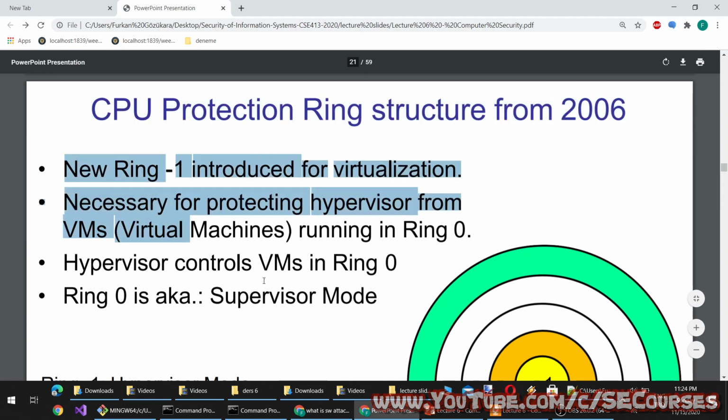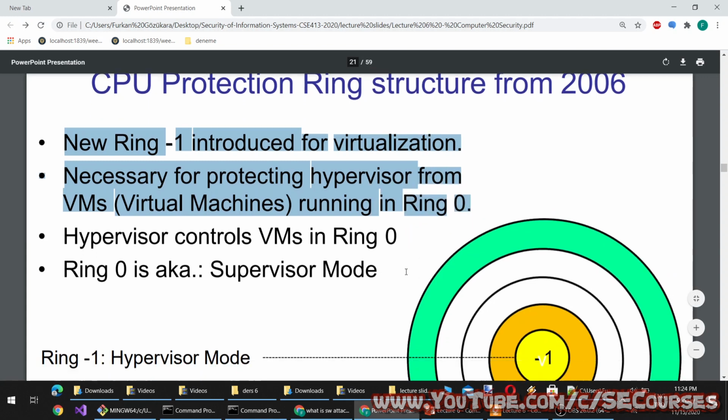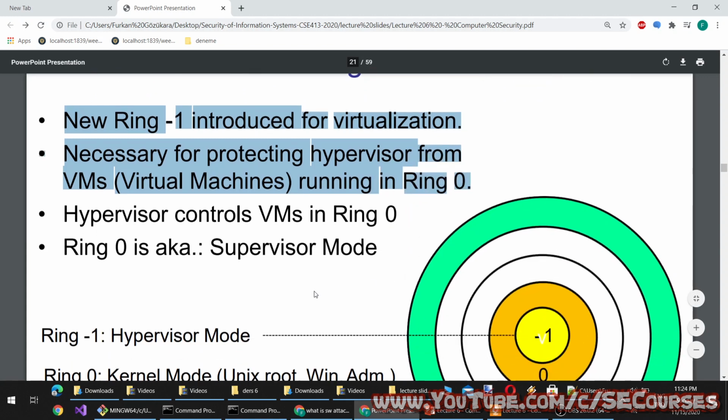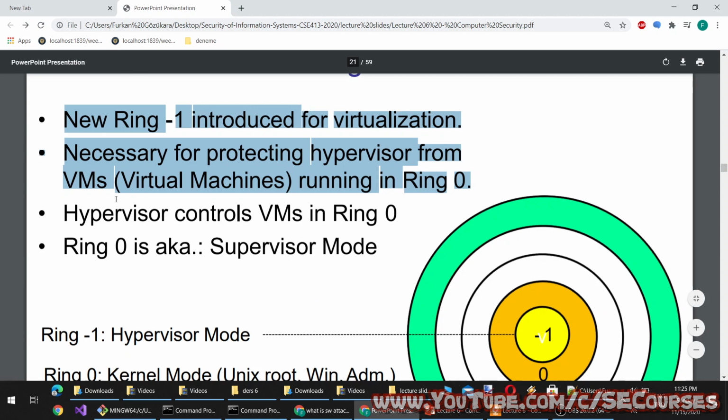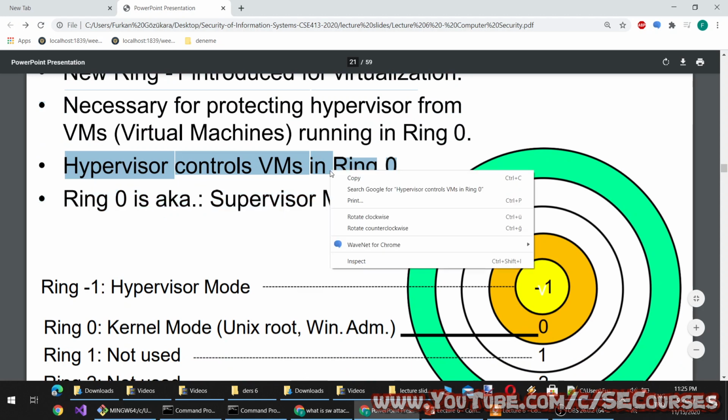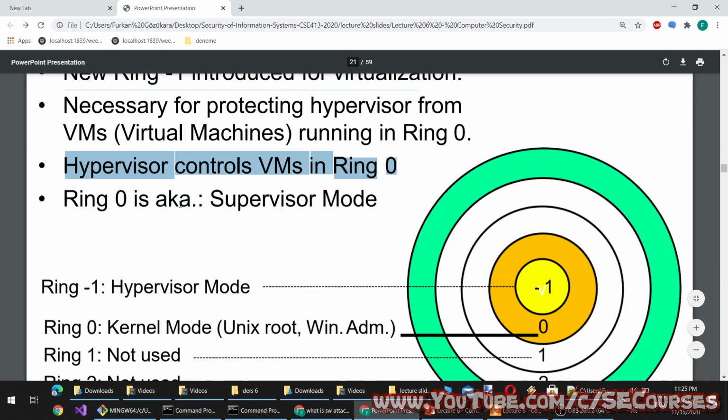CPU protection ring structure from 2006. New ring -1 introduced for virtualization. Necessary for protecting hypervisor from VMs, virtual machines, running in ring 0. Hypervisor controls VMs in ring 0.